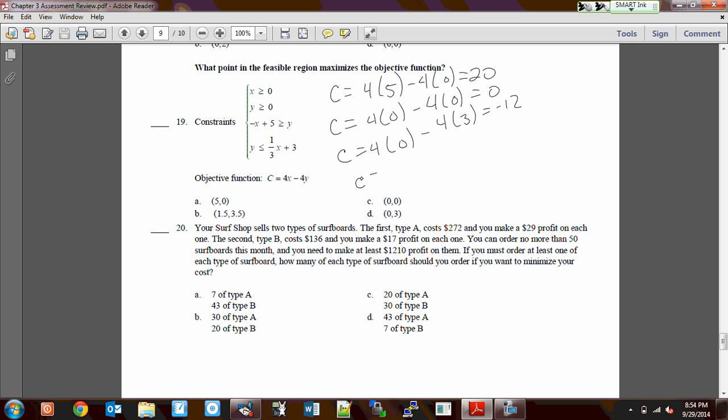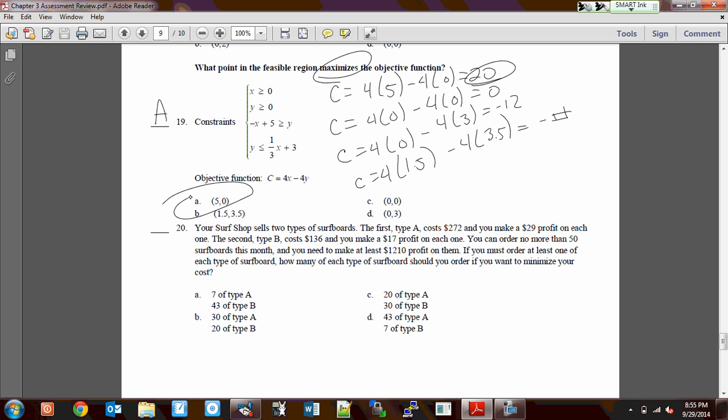And then we have C equals 4 times 1.5 minus 4 times 3.5. Well, this is going to give us a larger number because it's 4 times 3.5. So we know this is going to be a negative number. So therefore, 20 is our largest. So 5, 0 is where our function is maximized. So therefore, 19 is A, because that is where our function is maximized.